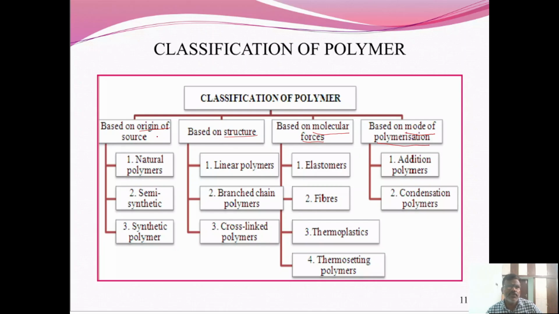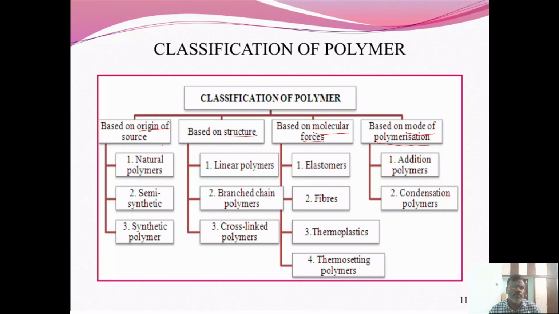In the first category, origin of source, we have natural polymers, semi-synthetic polymers, and synthetic polymers. Second category, based on structure, we have three types: linear polymers, branched polymers, and cross-linked polymers. Based on the molecular force, we have elastomers, fibers, thermoplastics, and thermosetting plastics. Based on the mode of polymerization, we have two types: addition polymers and condensation polymers.